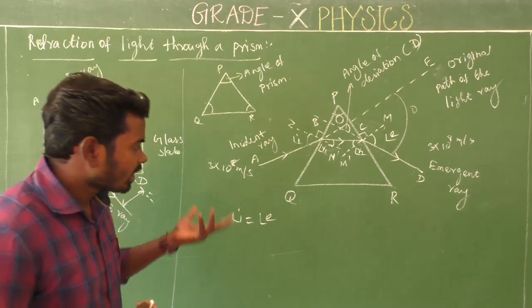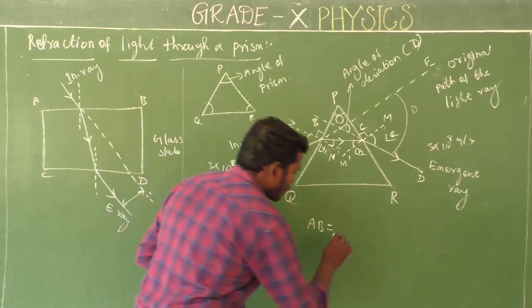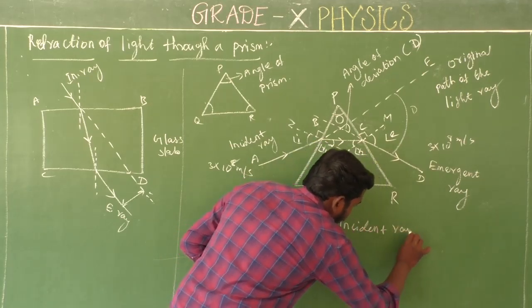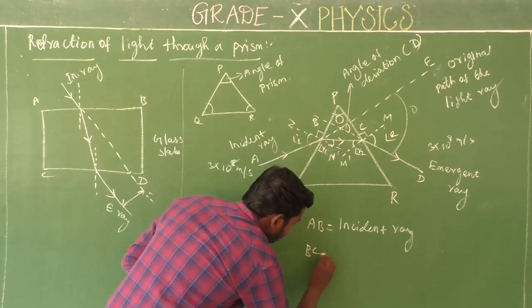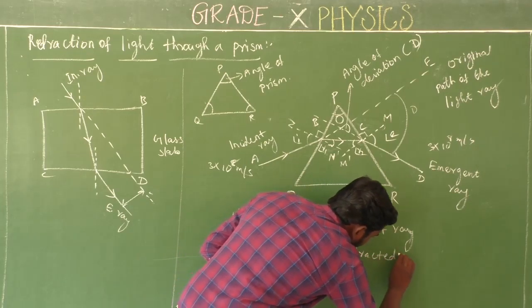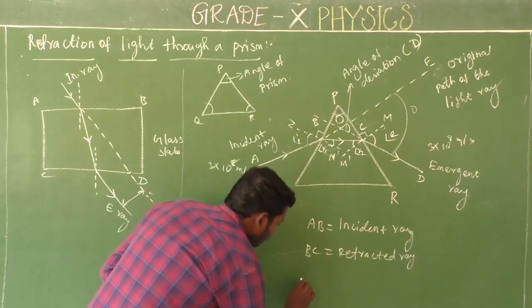No doubt. So here AB is the incident ray. Then BC is the refracted ray and CD is the emergent ray.